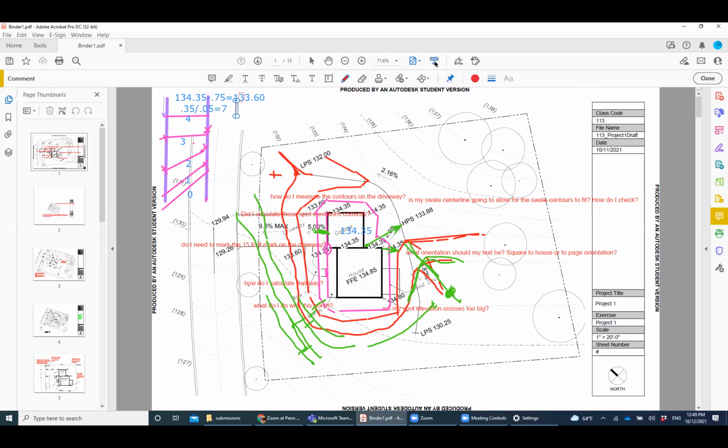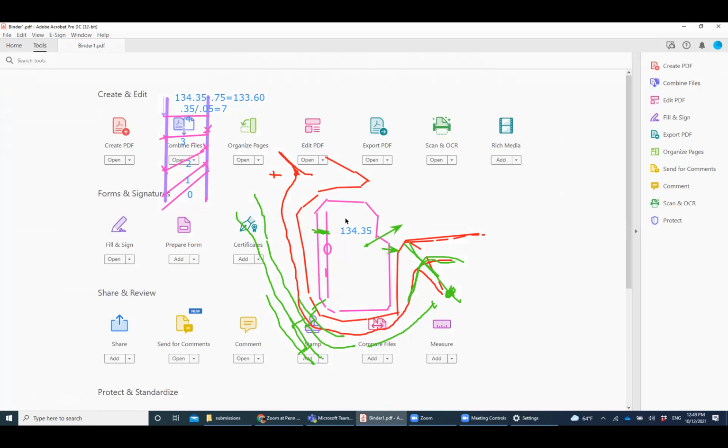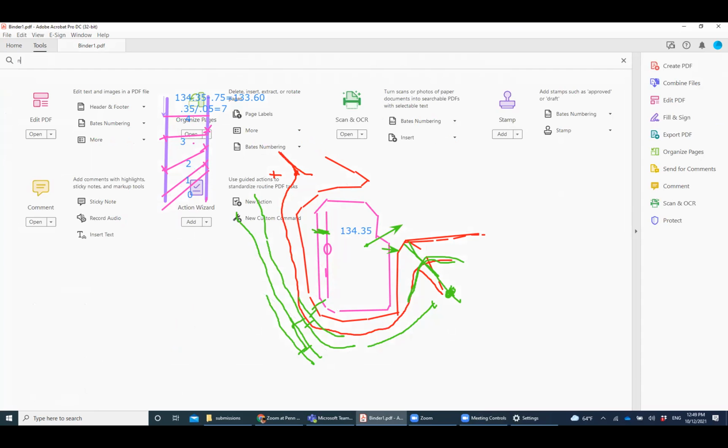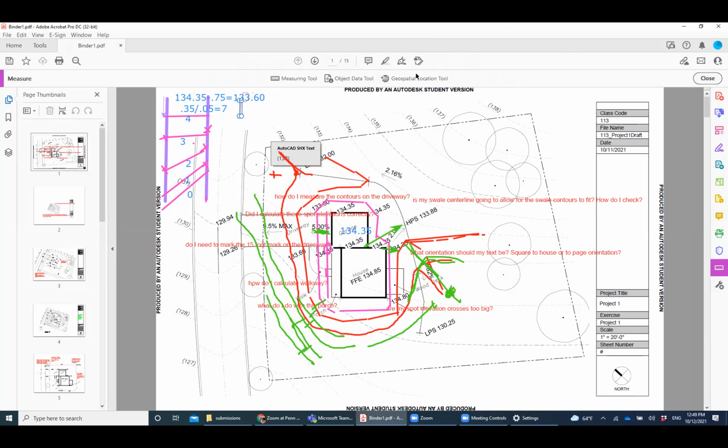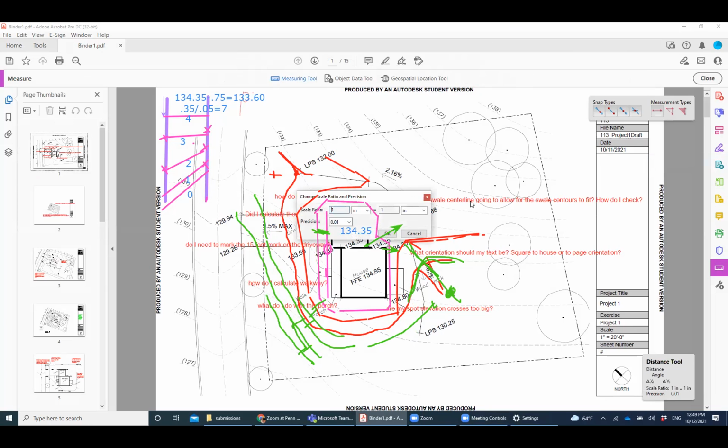Because I know that the corner that I have the 2% based off of, the center line was offset by 20 feet. That looks like it's probably closer to 30 or 40 from the center line. So if I measure this to the HPS, that's about 30 feet.